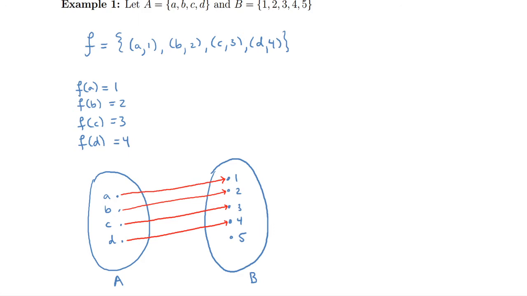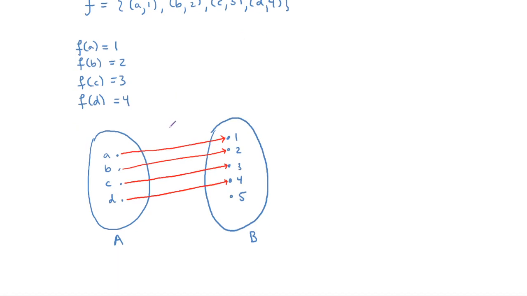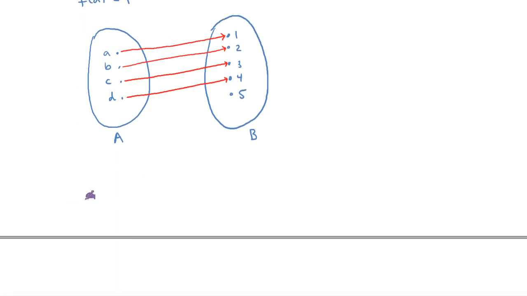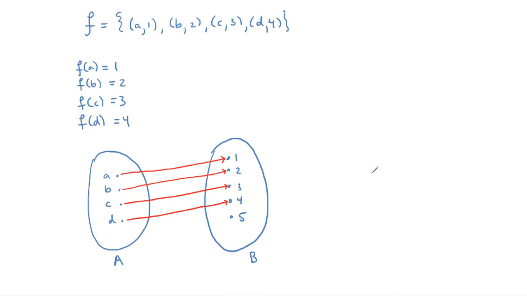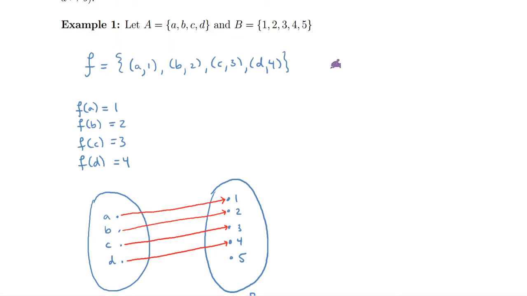Why don't I give you an example of something that is not a function? So let me change the color back here. So f is a function. Let's try to create something that is not a function. Maybe I'll define something that is a relation but not a function. For example, let's just call it R1.